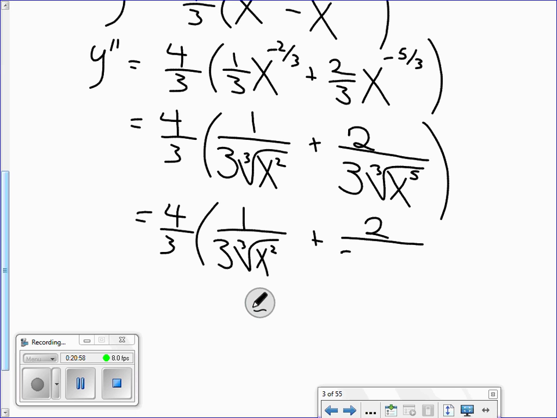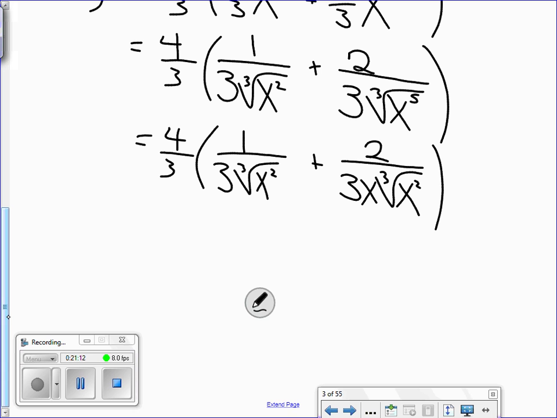So we're going to write this as 2 over 3x times the cube root of x squared. And the reason that is so cool is because we need a common denominator. We need to put them together. So the common denominator would be the 3x times the cube root of x squared.